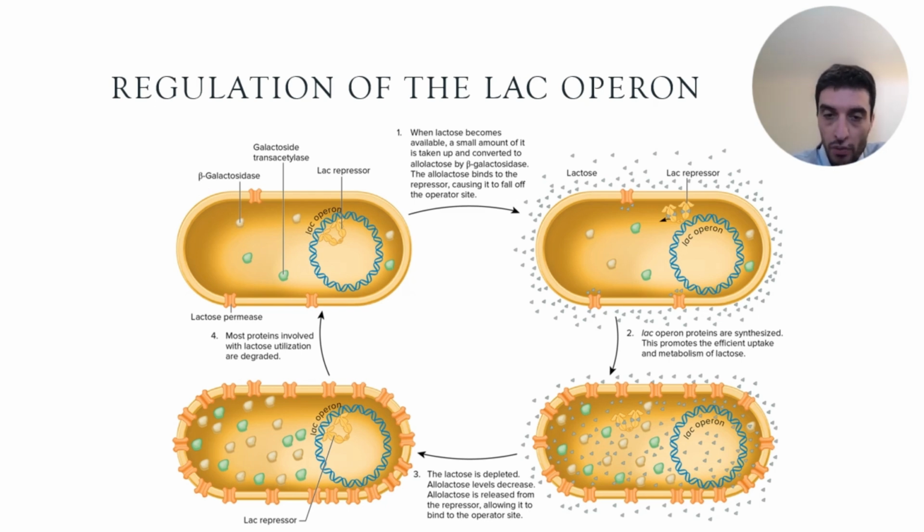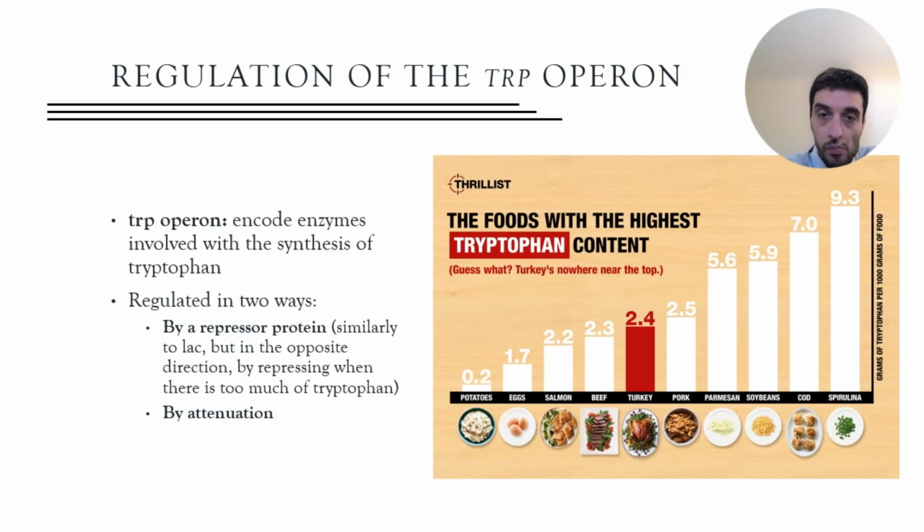It's going to generate a bunch of energy. As soon as it finishes the lactose as the main source and starts having glucose as the main source, the lac operon is going to be inhibited and it's going to go back to digesting glucose. Okay.